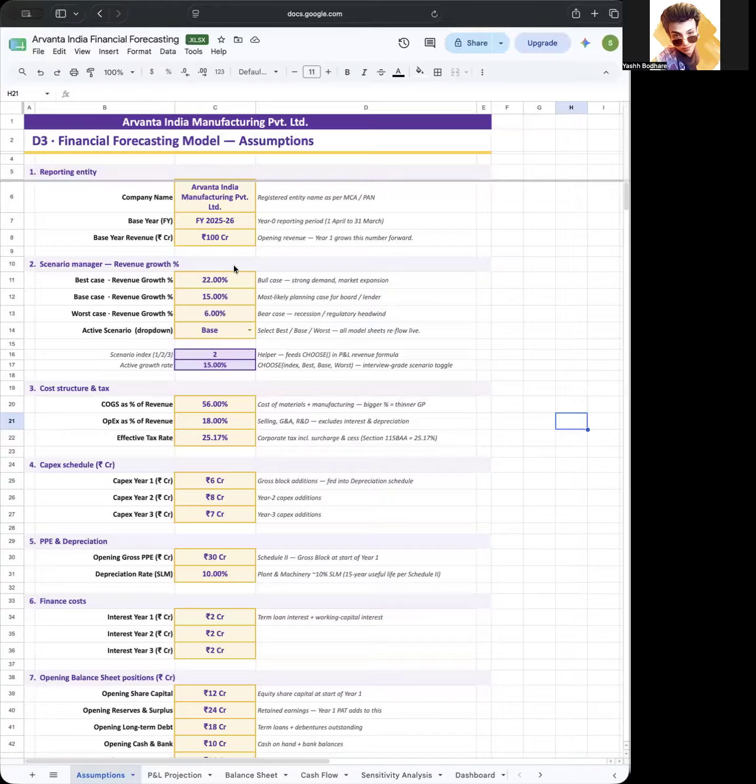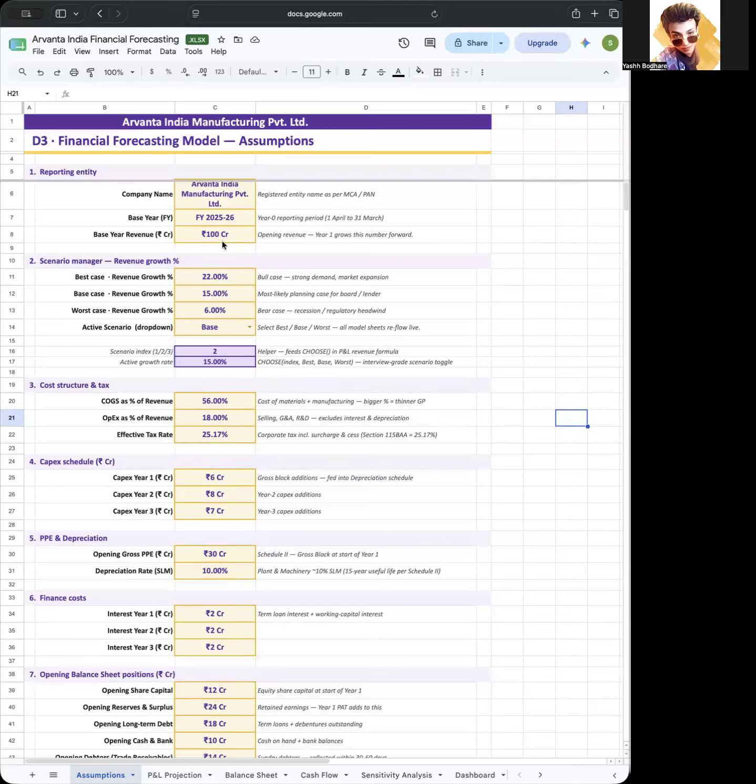Moving on to base year revenue, that's 100 crores. So the company's base year revenue is 100 crores. Revenue represents the total income generated by Arvanta India from selling its product before deducting costs and expenses. So this 100 crore serves as a starting revenue value for the forecast.